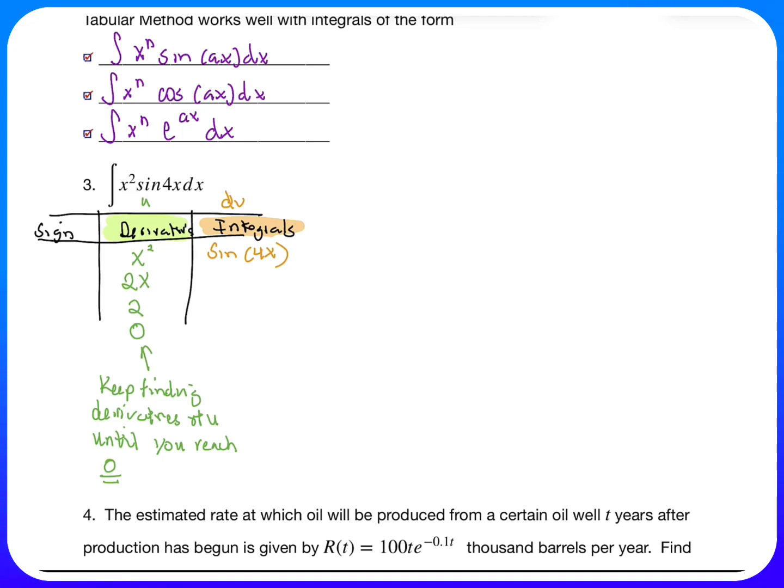I take the integral of sine of 4x, and that gives me negative 1/4 cosine of 4x. Now I integrate that, and it gives me negative 1/16 sine of 4x. And then one more time, I integrate that, and it gives me negative 1/64 cosine of 4x.